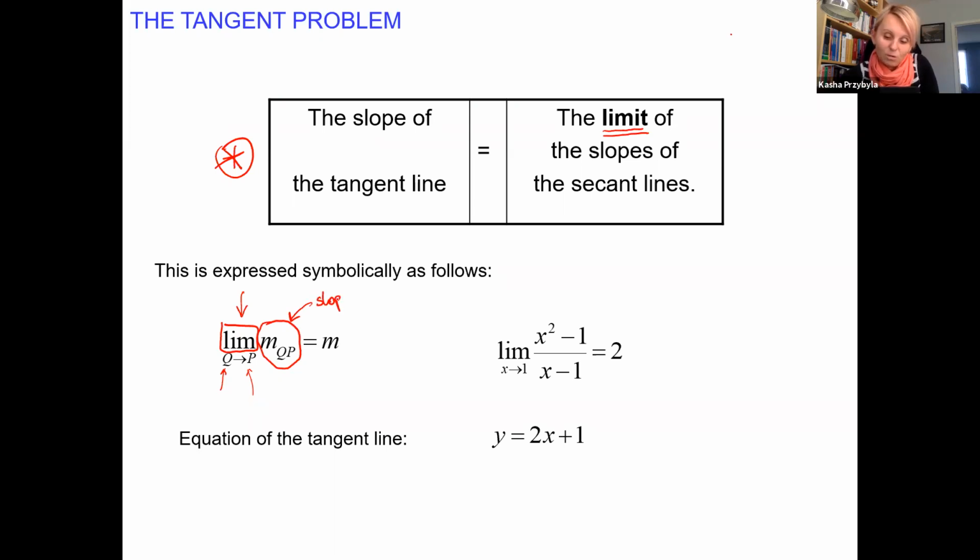That's slope of secant. And the output was slope of tangent.